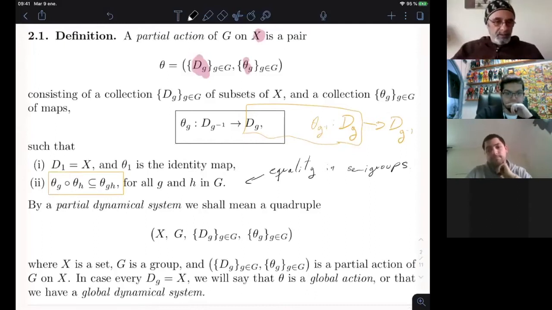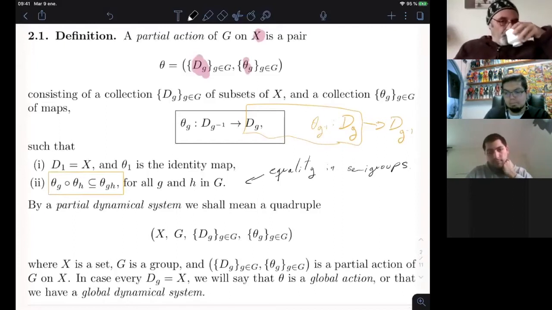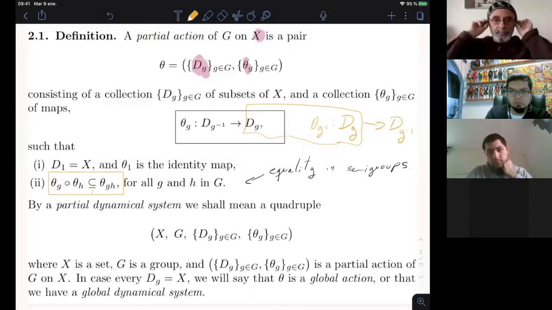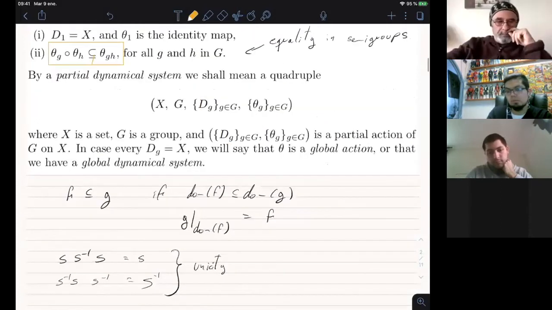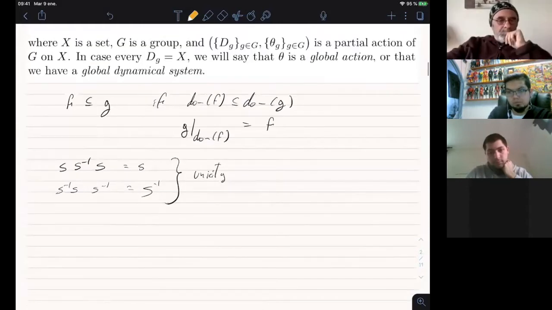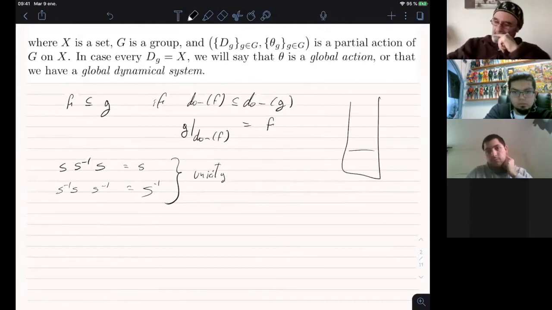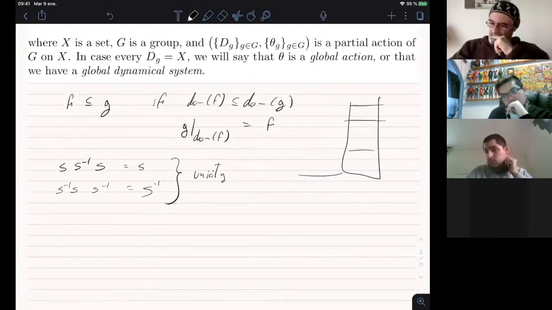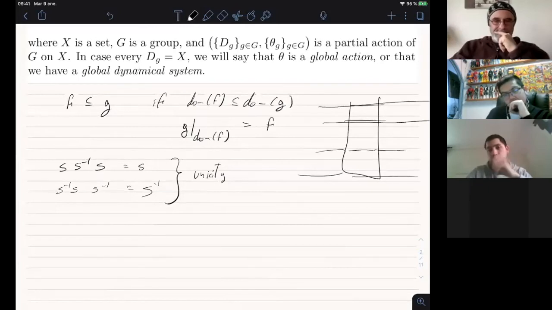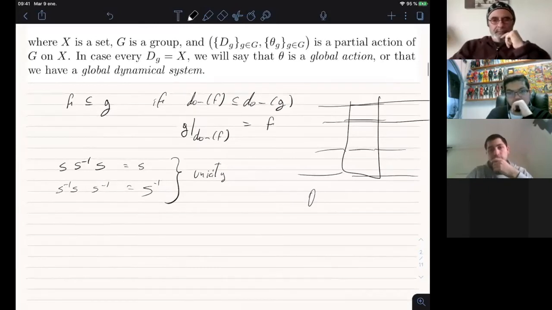Okay. Well, if you're curious about when do we have something like this, it's not hard to see. For example, in the example of the half plane, we have something like this. And we can consider something like this.